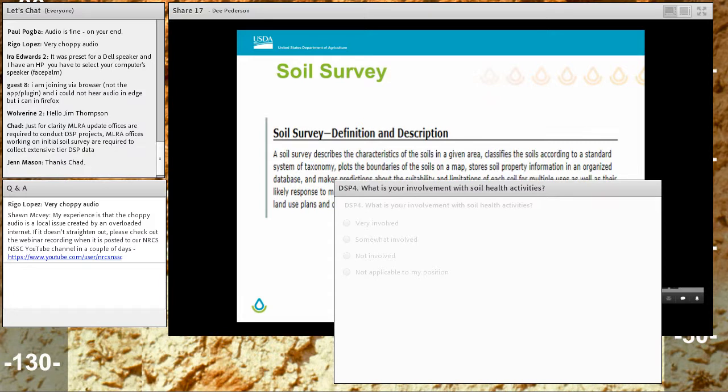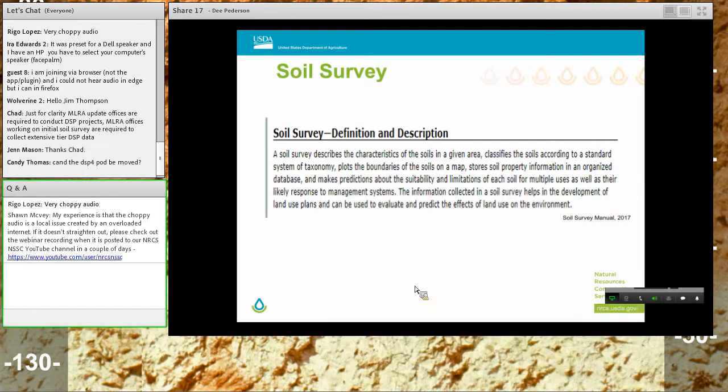This is the definition and description of soil survey as defined in the Soil Survey Manual, which was last published in 2017.